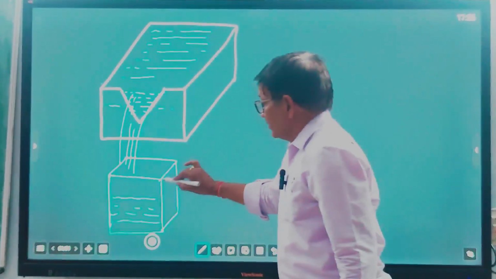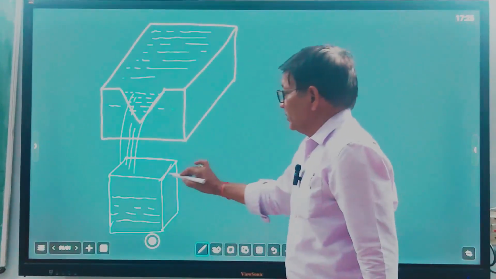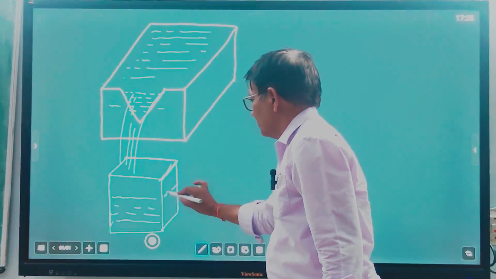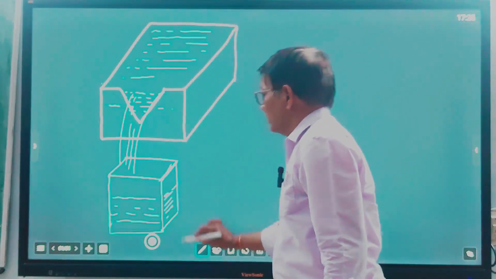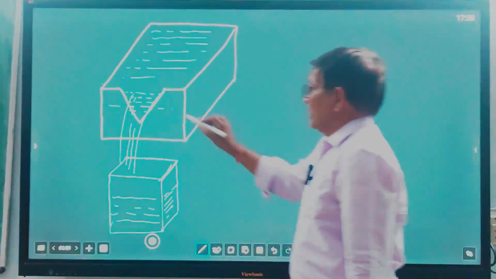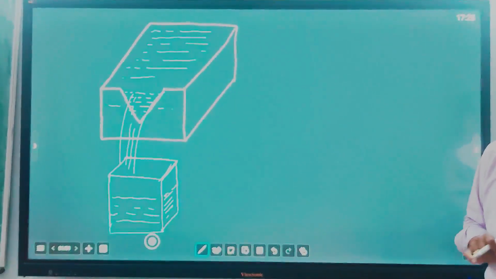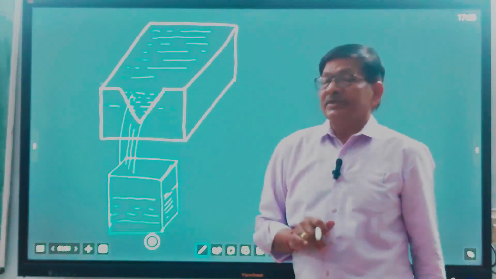The length and width of this tank are given, and you have to measure the height of the water filled. If you measure this, then we can get the accumulation of water in a certain time interval. So measuring Q actual is very easy.